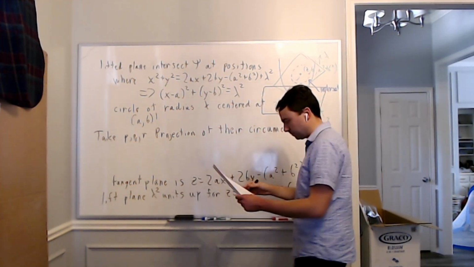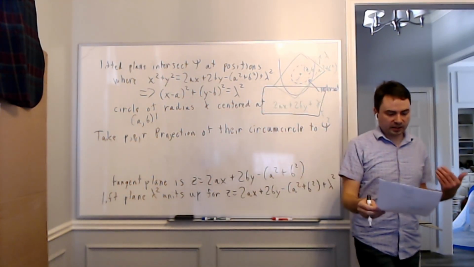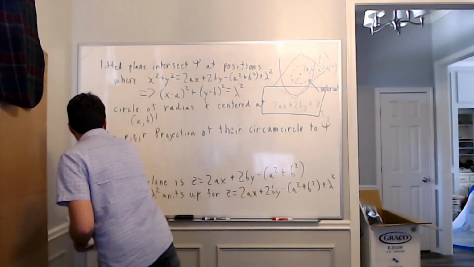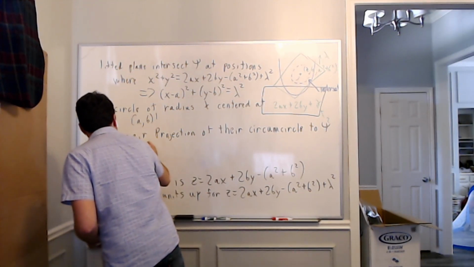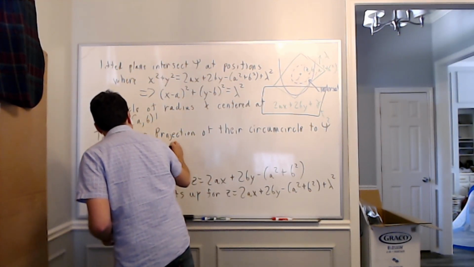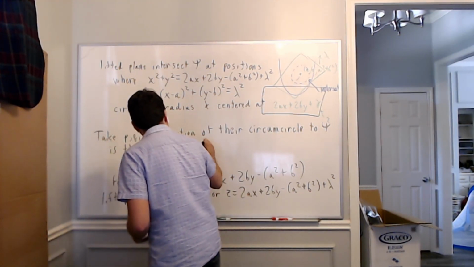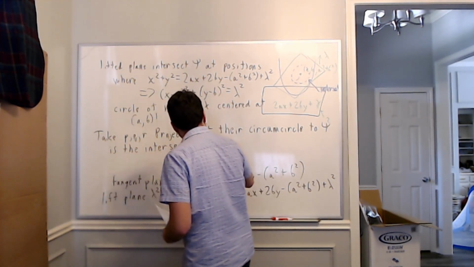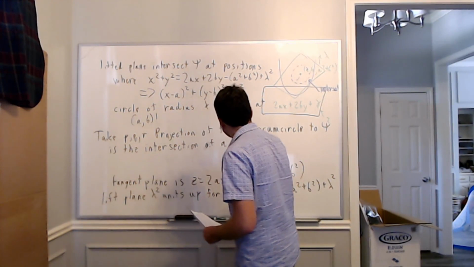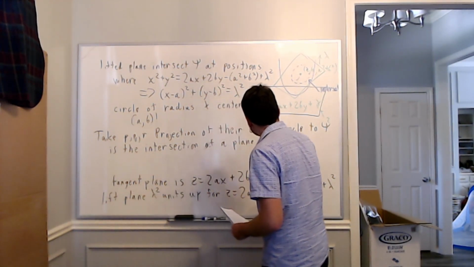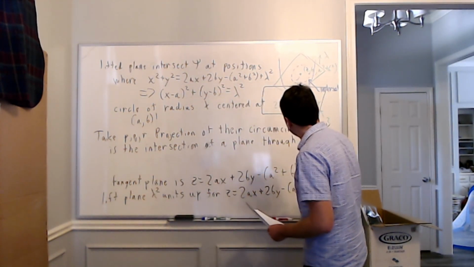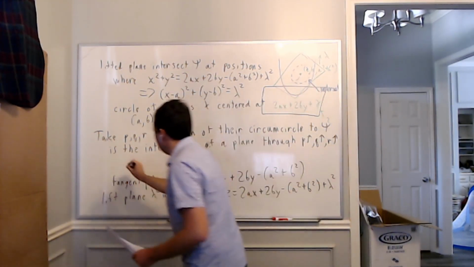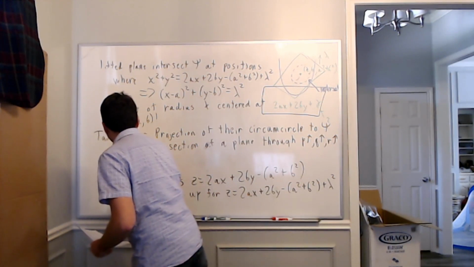So phi is actually the intersection of some plane through P up, Q up, and R up with the paraboloid.